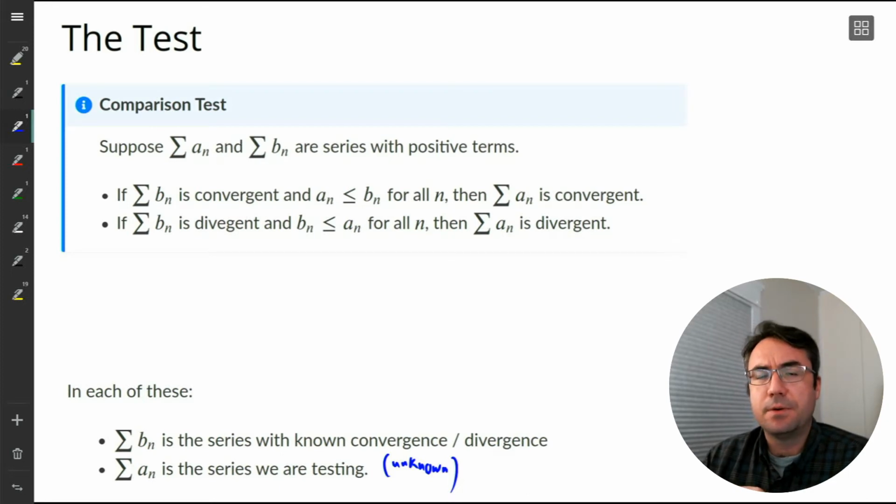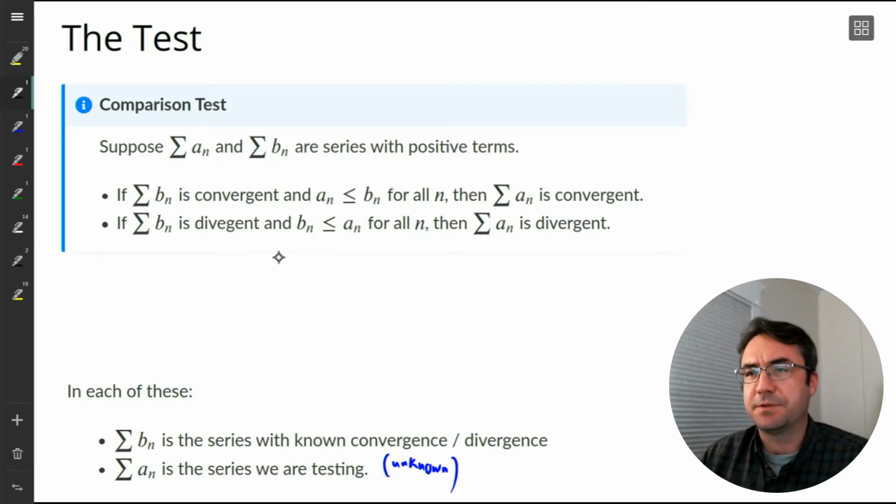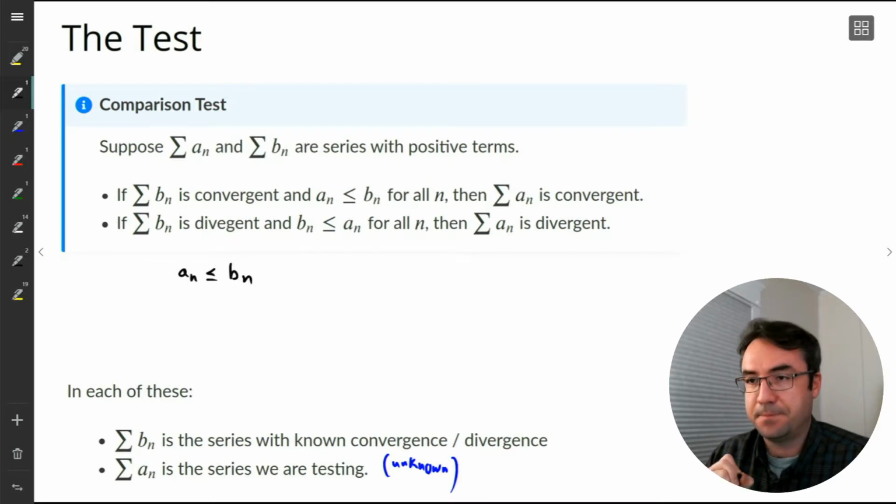All right, so how can we remember this result? Let's give a little motivation for why this result is true. Let's start with the case where we have the inequality an is less than or equal to bn.